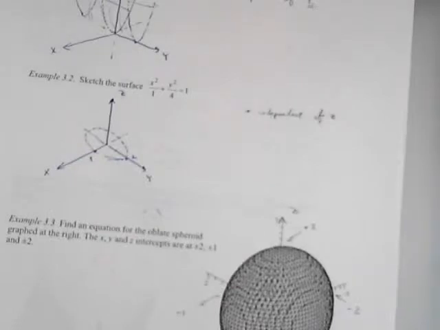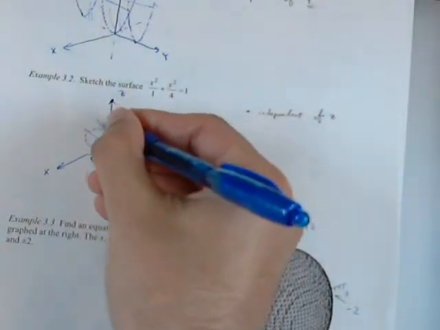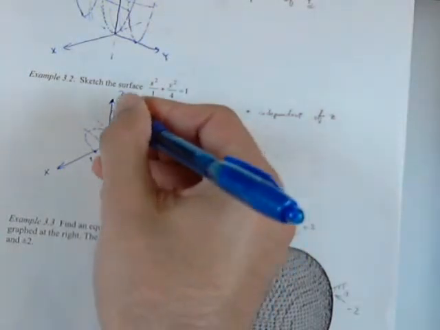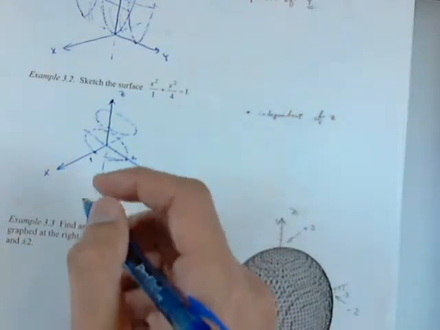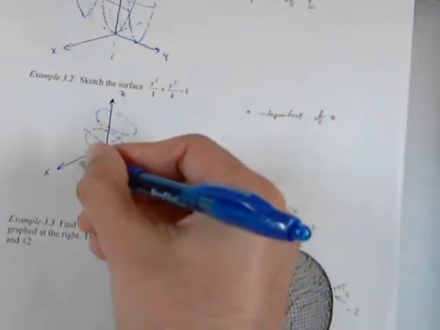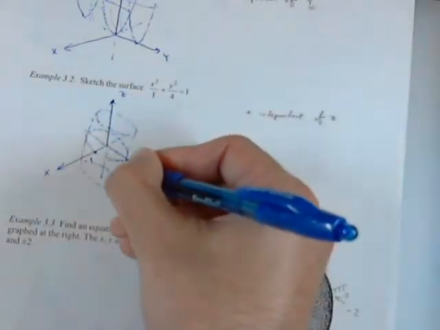Okay, it's independent of z. So for z is 0, I have this curve. For z is 1, I have the exact same thing. Just copy and paste. For z is minus 2, minus 1, whatever you call, again I have this shape. Connect them together, I have a cylinder.